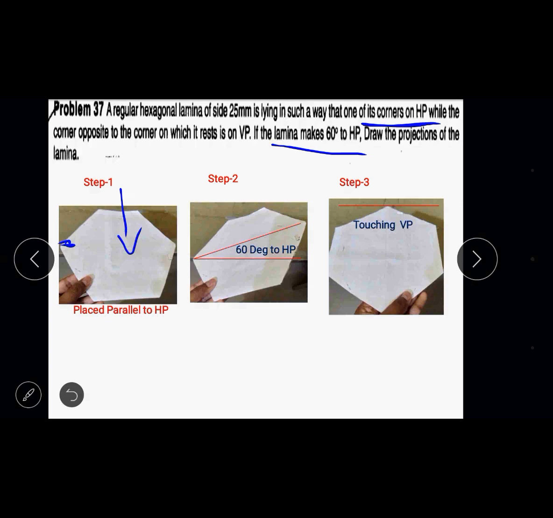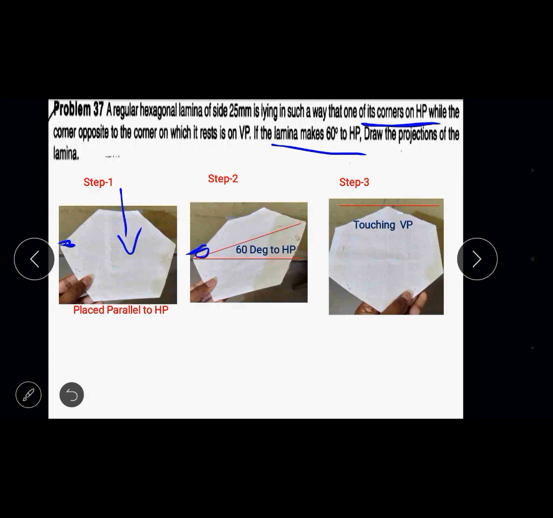Hold the left corner of the hexagon; you can see in the step 2 figure that the left corner of the hexagon is held. Hold the left corner of the hexagon and then rotate the hexagon in the anti-clockwise direction from the right side by 60 degrees.